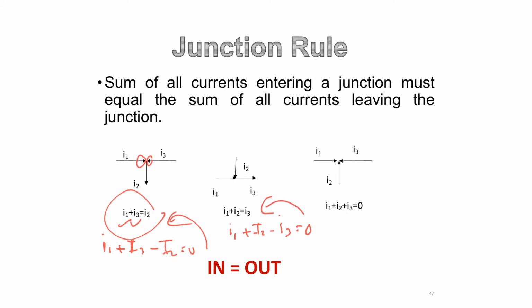The question states that current leaving the node and entering the node are equal, so it is equivalent to 0. For this one, I1 plus I2 plus I3 equals 0. Current in equals current out.